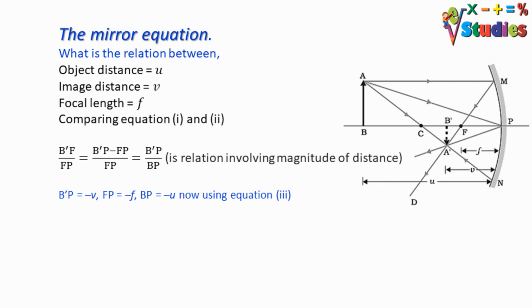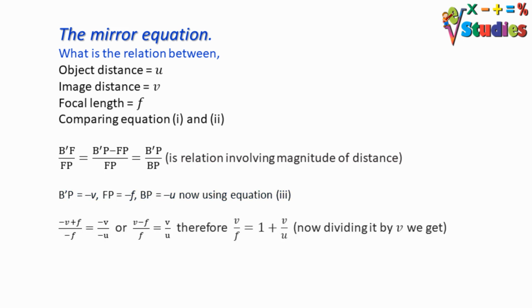As we have discussed earlier, in Cartesian sign convention, the rays traveling from object to the mirror are taken as positive, and we have to travel in the opposite direction of the incident ray in order to reach the object AB, image A dash B dash, and the focus F from the pole P. Therefore all three will have negative signs. So B dash P is equal to negative v, FP is equal to negative f, and BP is equal to negative u.